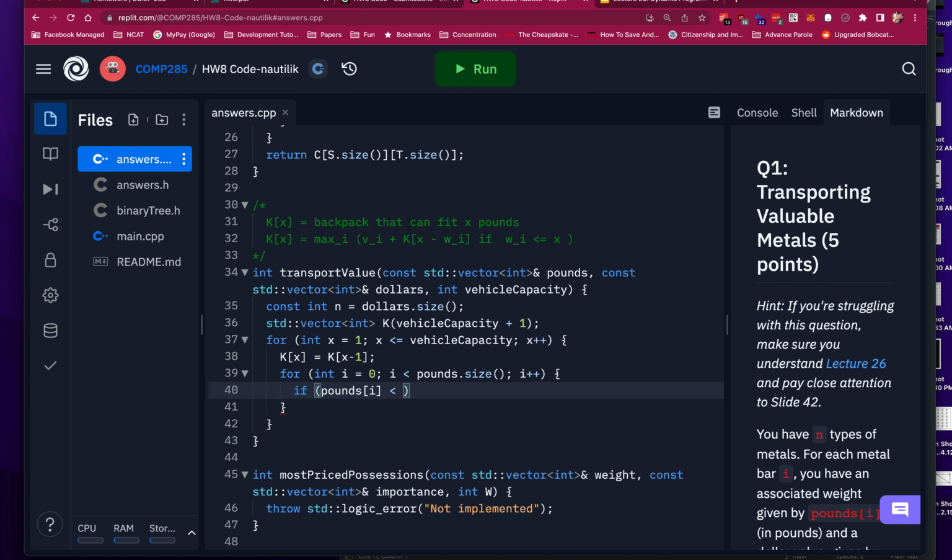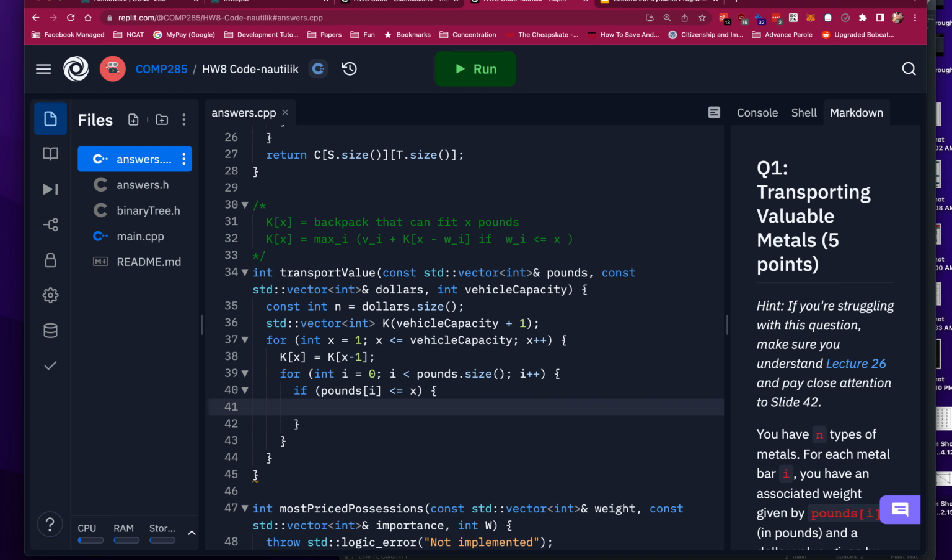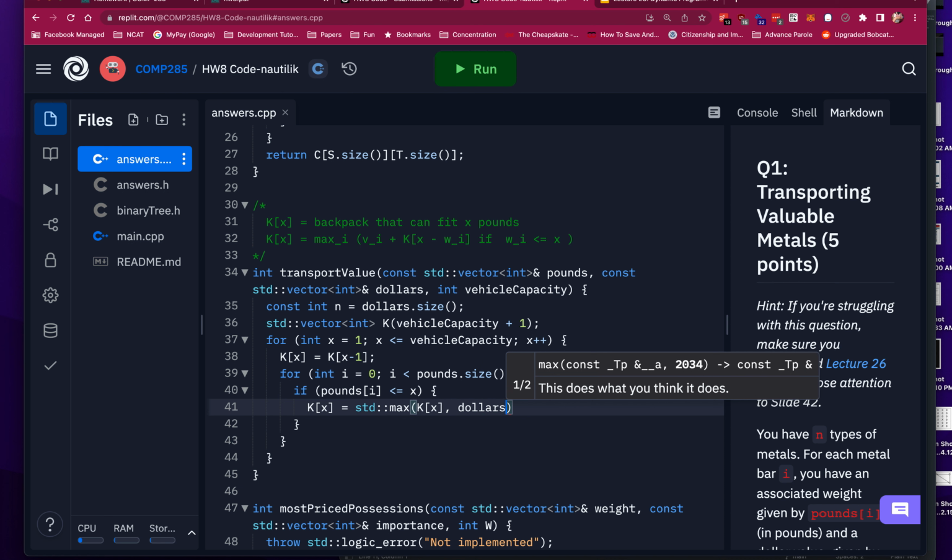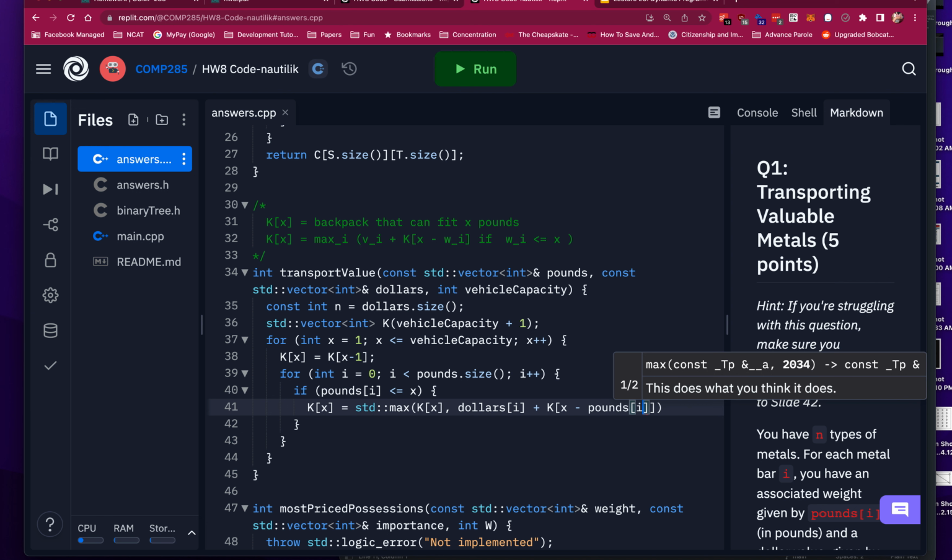So if the item fits, so if it's less than or equal to x, so if it fits in the backpack, then kx is equal to the maximum of whatever you had before. I don't want to ever get smaller, I just want to get bigger, so the maximum of that, or the dollars of item i, plus how much can I fit, kx minus pounds i, right?